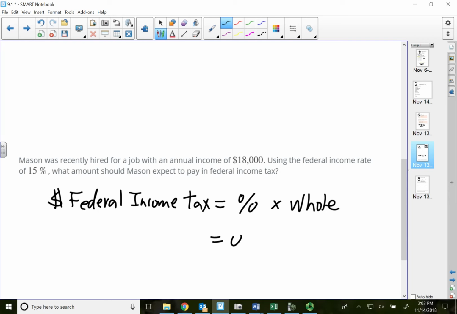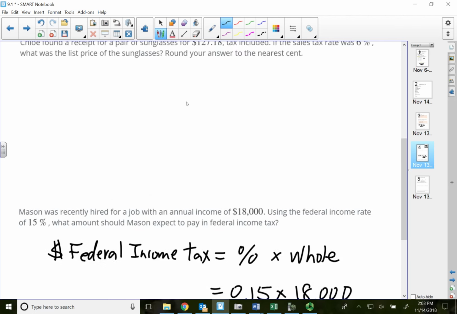So 15% federal income tax times my annual income of $18,000. So basically annually, I have to pay $2,700 in federal income tax. All right, that's how we do that problem. Both of these examples use the concept of part is equal to percent times the whole. The third problem I want to do is this problem called the refrigerator problem.